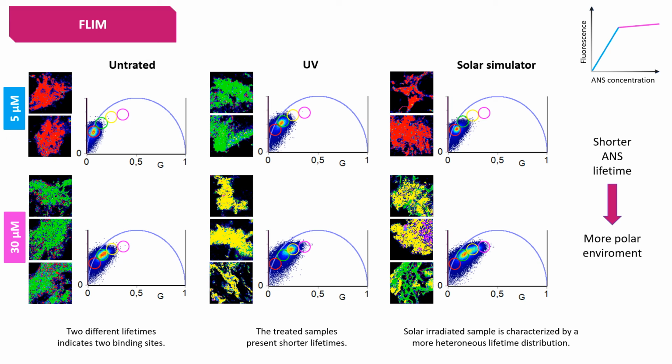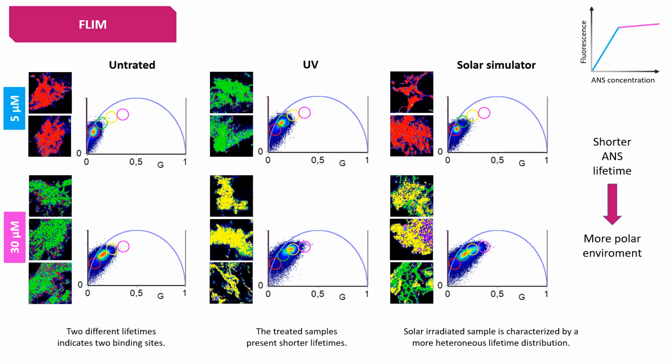So the UV radiation affects both these binding sites, while the solar simulator is a little bit different, because the lower concentration has the same lifetime as the untreated sample, while the higher concentration is characterized by a more heterogeneous lifetime distribution.